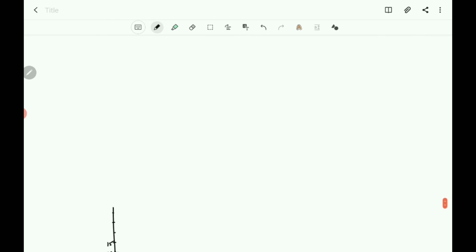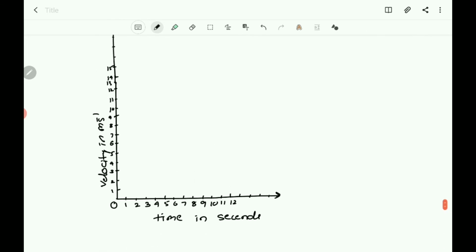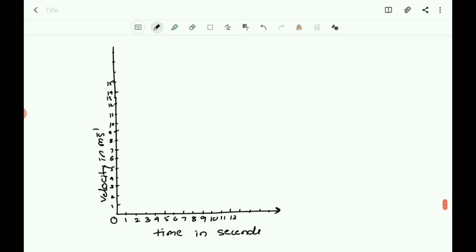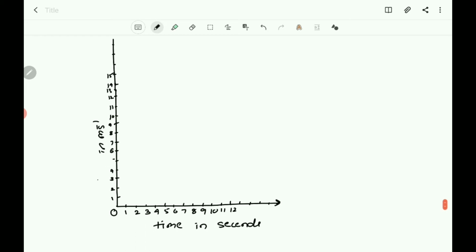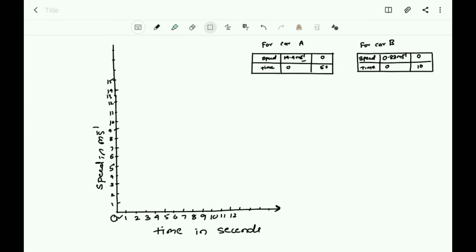Now you come to the graph. Here you take the time in seconds on the x-axis and velocity, that is the speed, on the y-axis. Speed in ms to the power of minus 1.